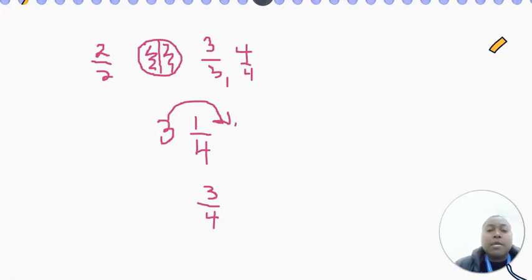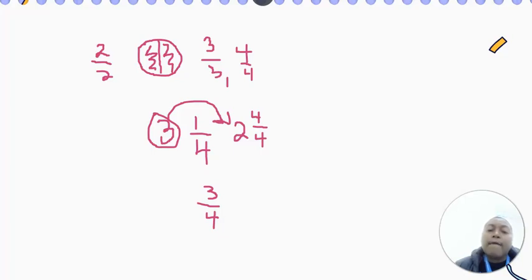So that 3 will become a 2. And we are going to convert that extra whole piece into 4 over 4. And the reason why we make it 4 over 4 is because we already have our common denominator of 4.